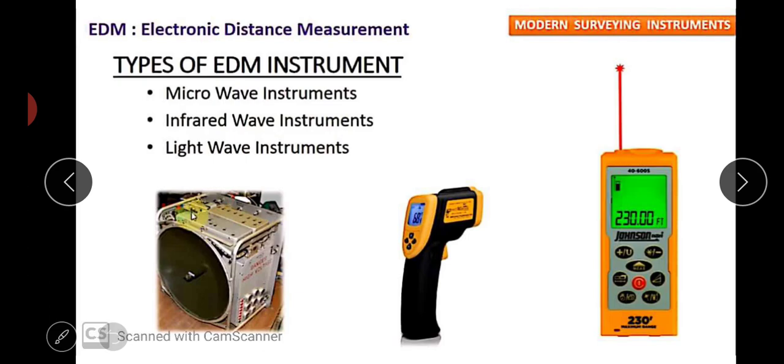Then, types of EDM instruments. Basically there are different types. One is microwave instruments, wherein microwaves are generated. Then infrared wave instruments, wherein the infrared region, in terms of nanometers, is transmitted. Then light wave instruments.